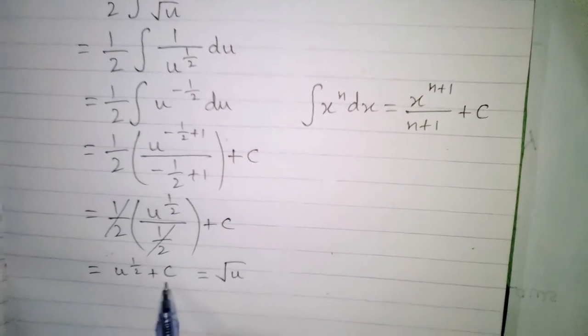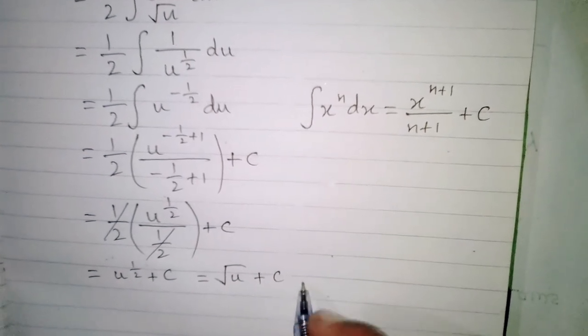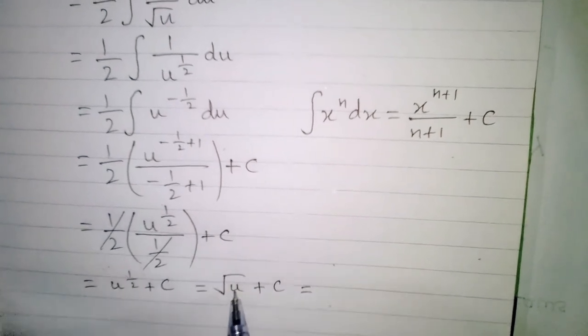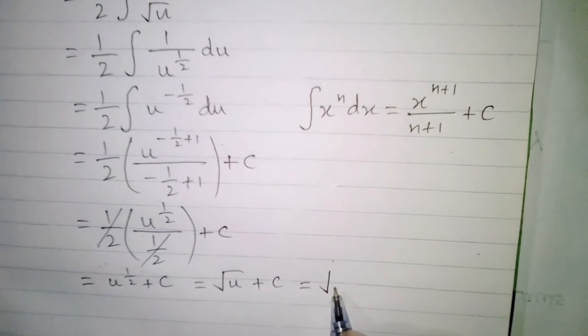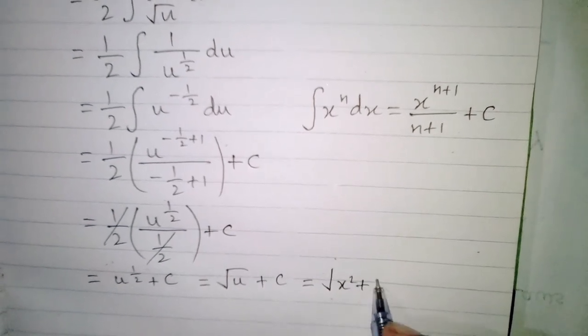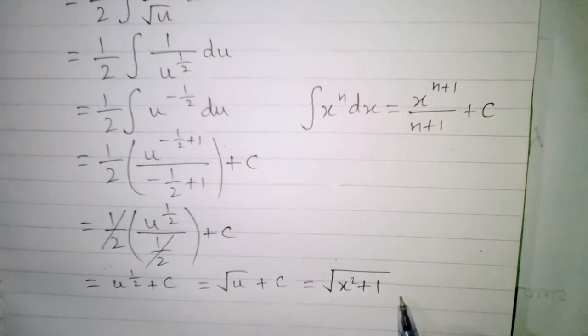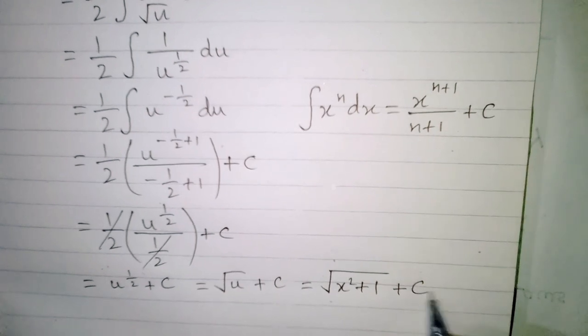So u to the power half plus c becomes square root of u plus c, and in place of u we will write x square plus 1, what we supposed at the top. So the answer will be square root of x square plus 1 plus c.